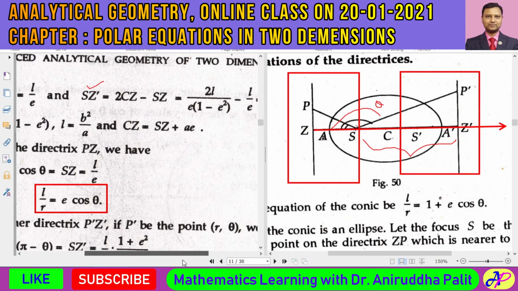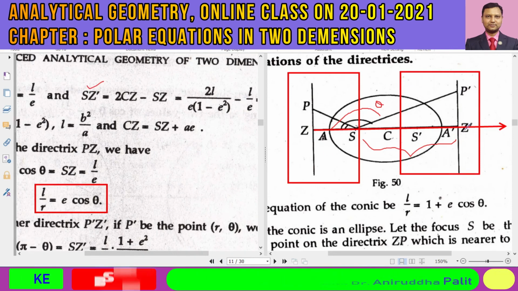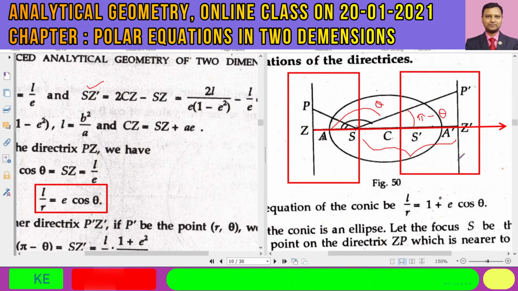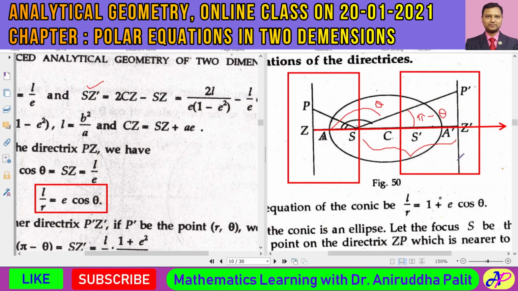And again, if we consider this triangle, then this angle would be equal to pi minus theta.